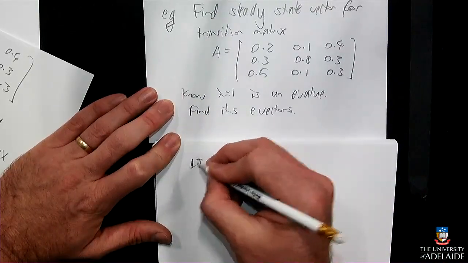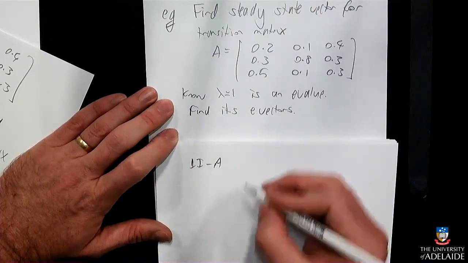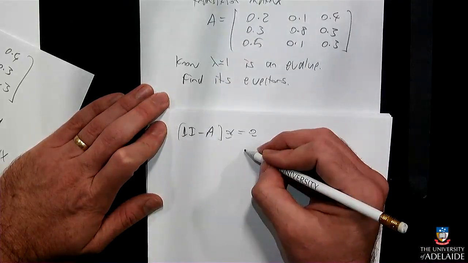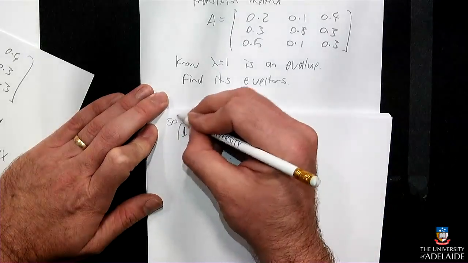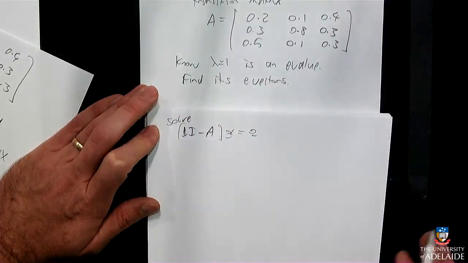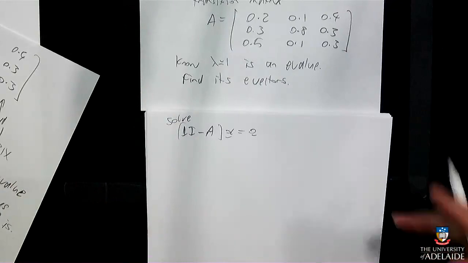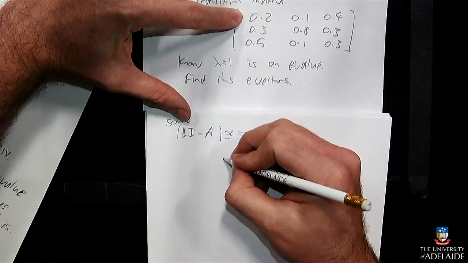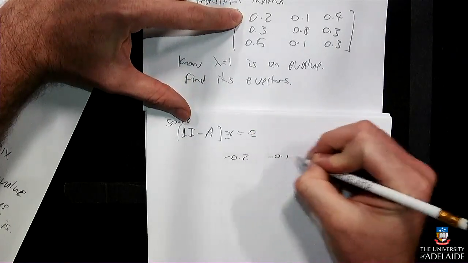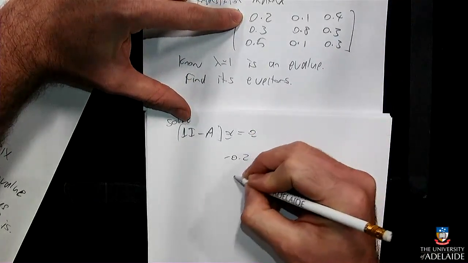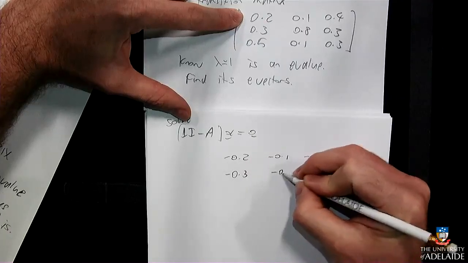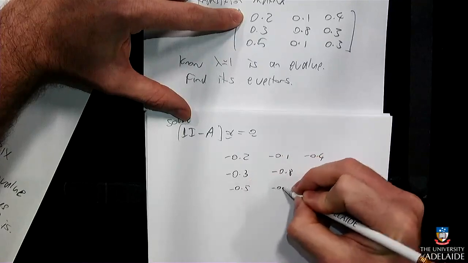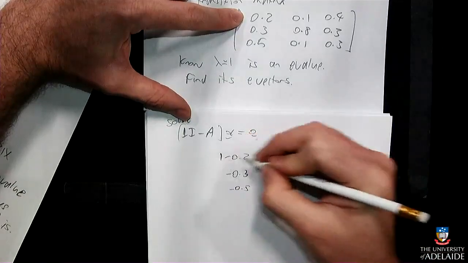So 1I minus A. That's what we're going to have to solve. Okay, here we go. And so minus A is this. And I have to have 1 minus that.